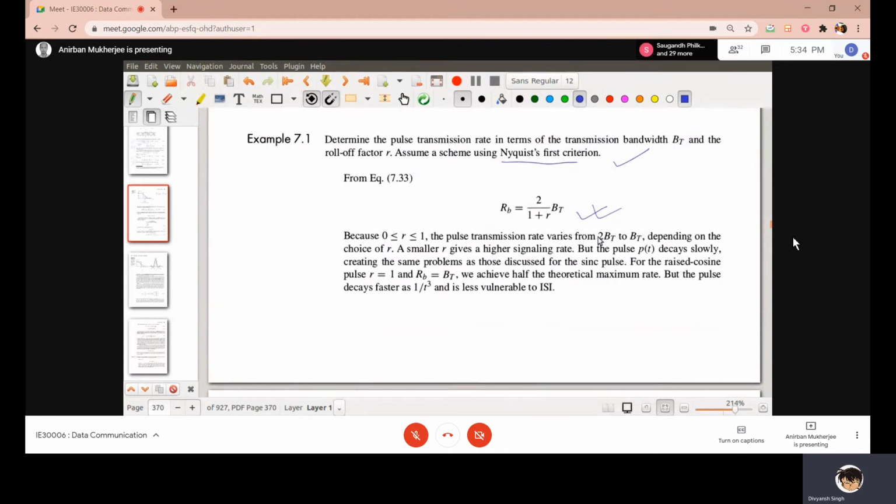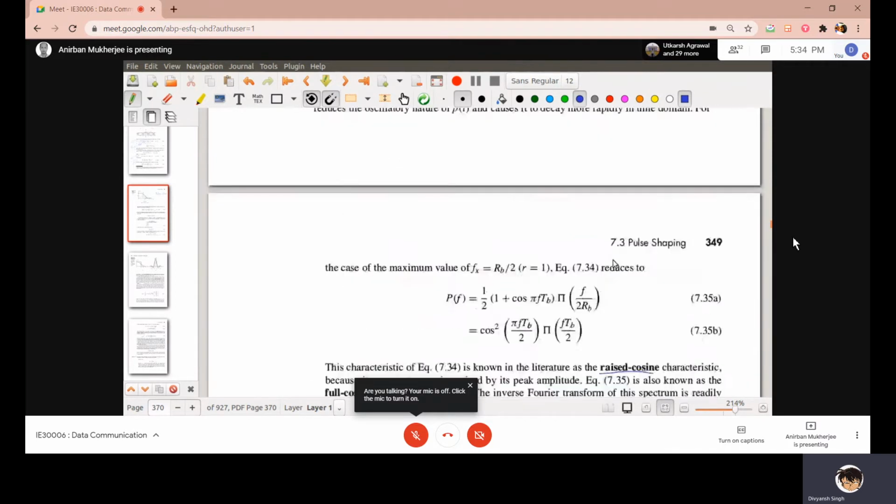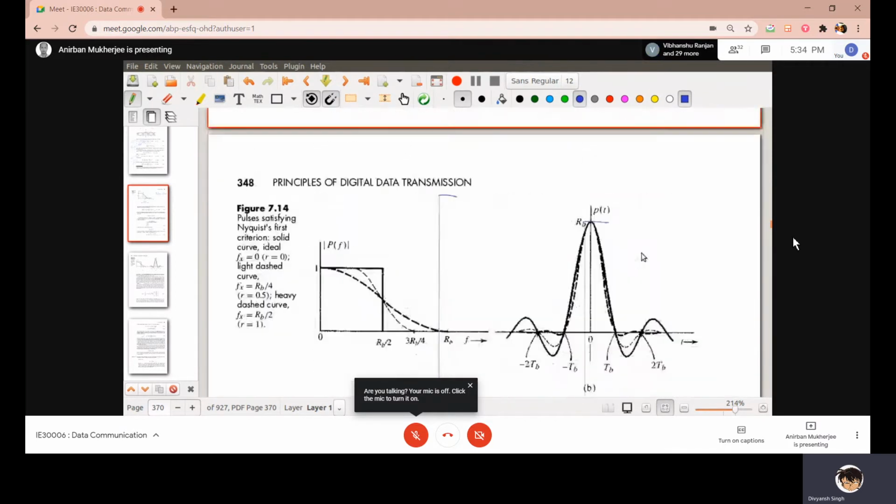Now if you are using more bandwidth, it may be a little slower, and a smaller R gives a higher signaling rate, but the pulse decays slowly. Please remember that if you choose R small, then you will have some sort of faster pulses, like almost a sinc, but it will decay slowly.